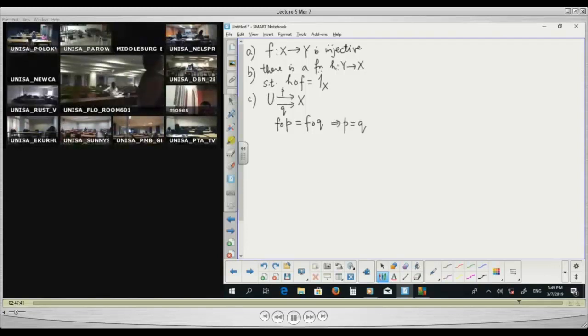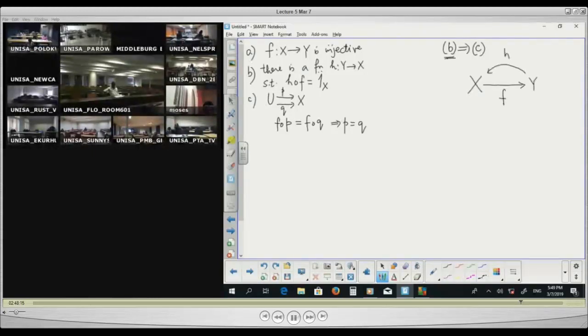Suppose you assume B. Then you know that apart from this f, you have a function h. So these things are given. So h composed f is the identity of X, right?